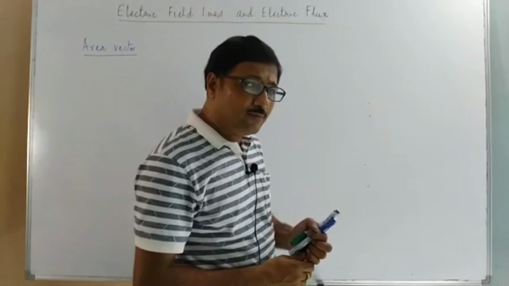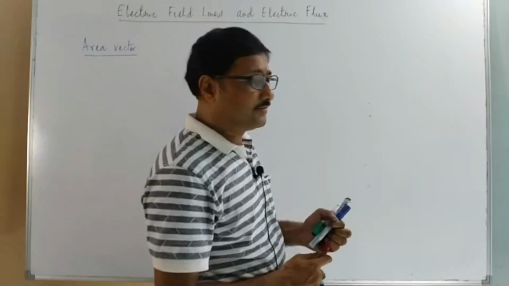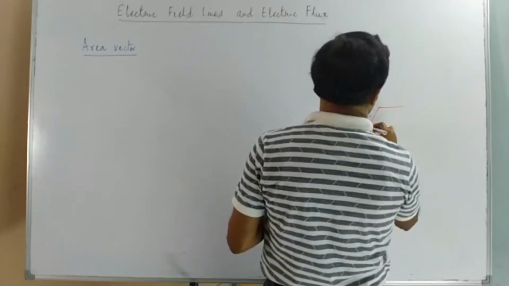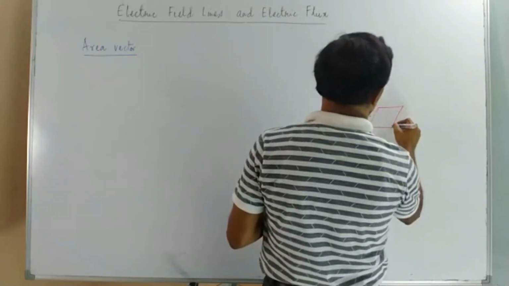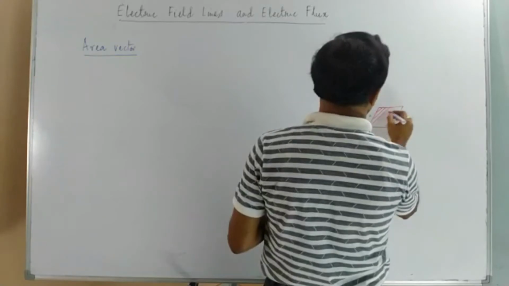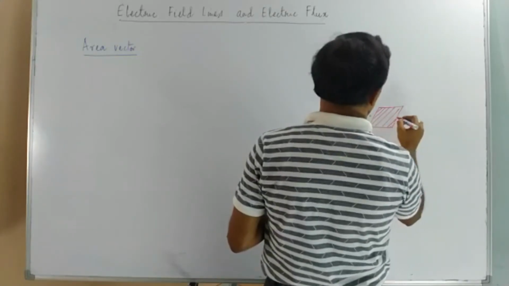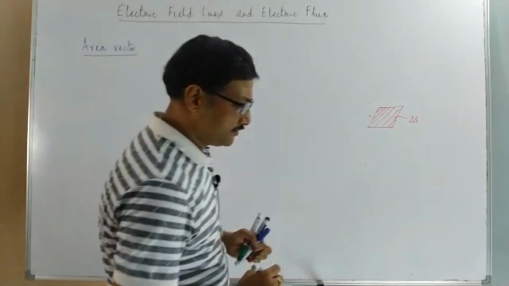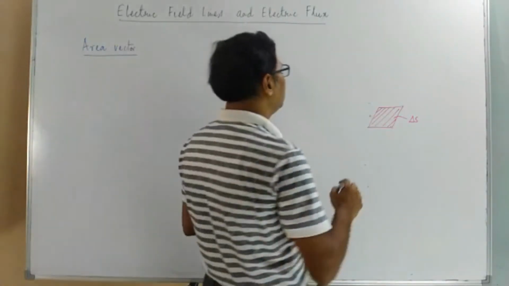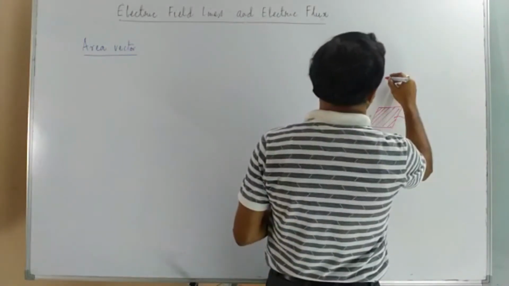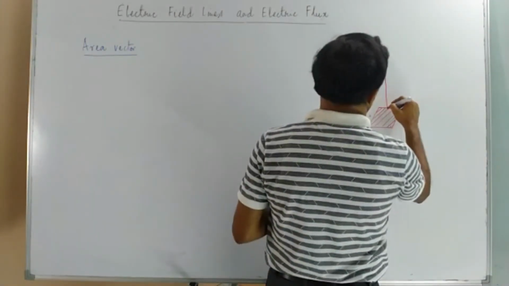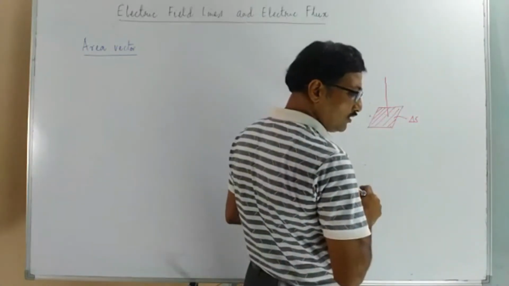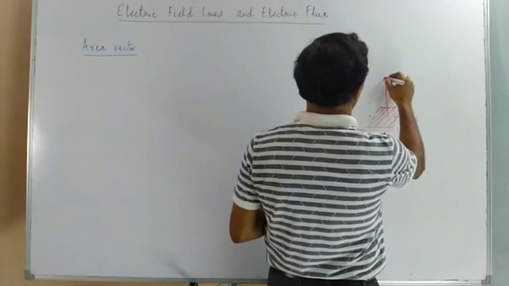An area element may be treated as a vector. We consider a small surface area. The amount of this area is delta S. I consider a direction along the outward normal to this area.